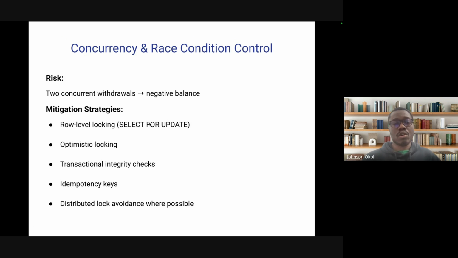So we talked about concurrency before. This is an instance where you can actually experience concurrency, when you have two different entities trying to make the same action. More like two concurrent withdrawals being made, and what that would impact is the account goes negative. So to curb that effect, that's where we talked about the locking, the optimistic locking too, transaction integrity checks, and idempotency keys and distributed locks.